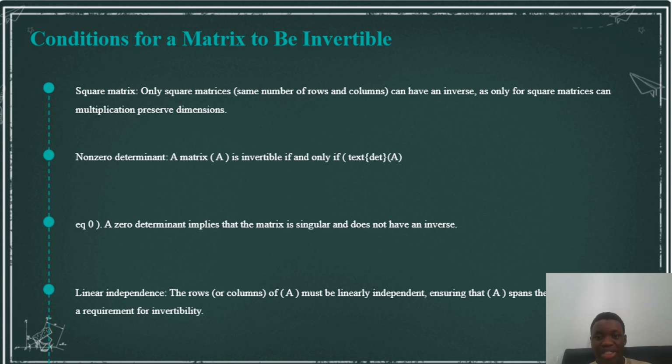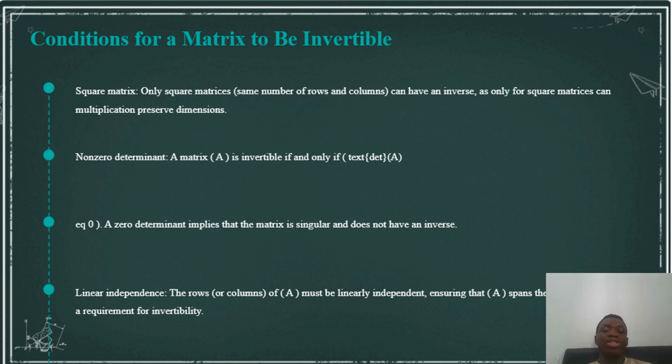If it's not a square matrix, it doesn't have an inverse, because it's only for square matrices that the dimension will be preserved after multiplication. If it is not a square matrix, the dimension will be different; it will change.